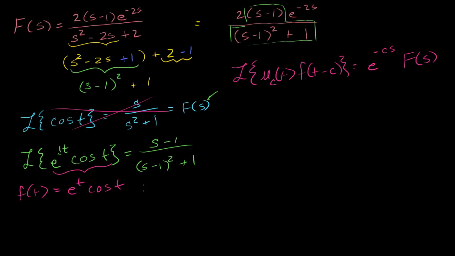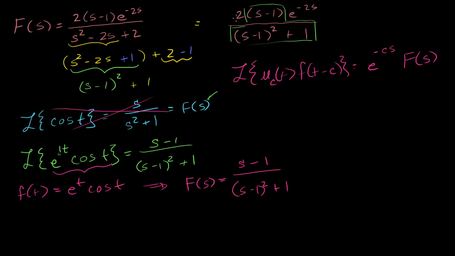Then, if you take the Laplace transform of that, f of s is equal to s minus 1 over s minus 1 squared plus 1. Nothing fancy there. I just defined our f of t as this, and then our f of s is that, right?